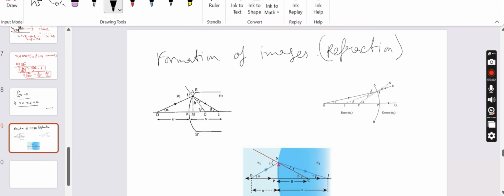Refraction, and these surfaces are spherical surfaces, so this is called a convex surface, and this denotes a concave surface.